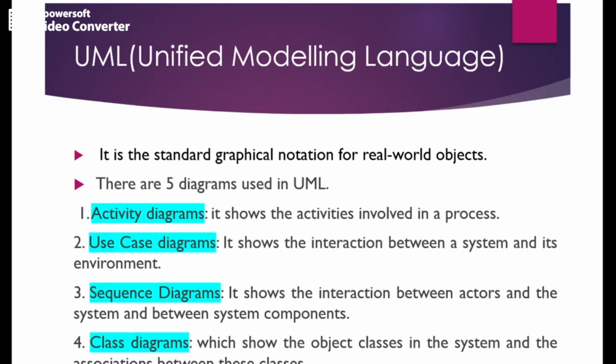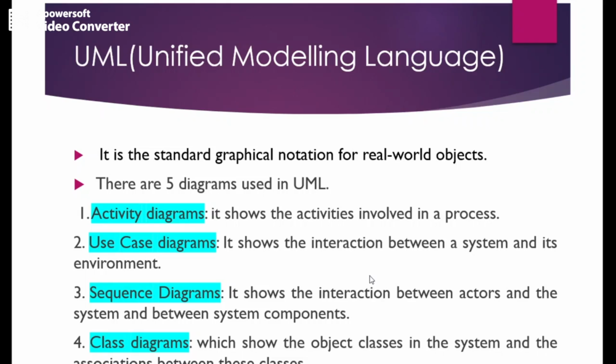Association between these classes means it shows the relationship, how one class is connected to another class. Class diagrams are very useful. They show the different classes or objects, and mainly the association, that is the type of relationship between each class.